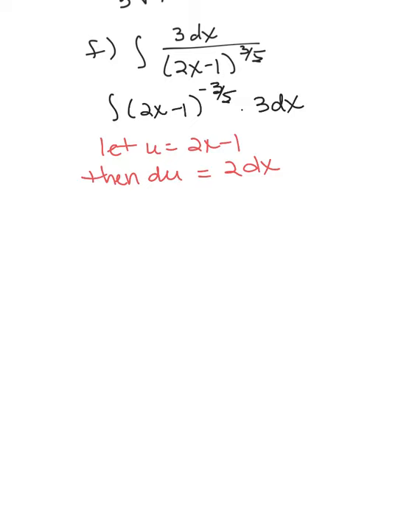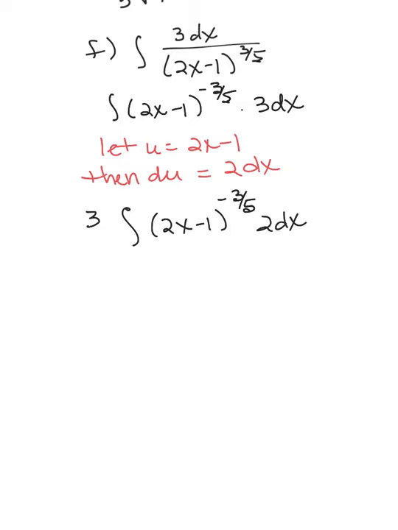So when we have a number, something that doesn't work for us, pull it all the way out front. Get it out of the way. We're going to leave the quantity alone. We're not going to mess around with it. And then we're going to force in a 2 in front of our dx so that we match.